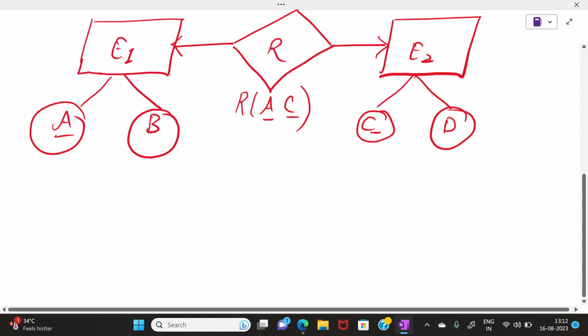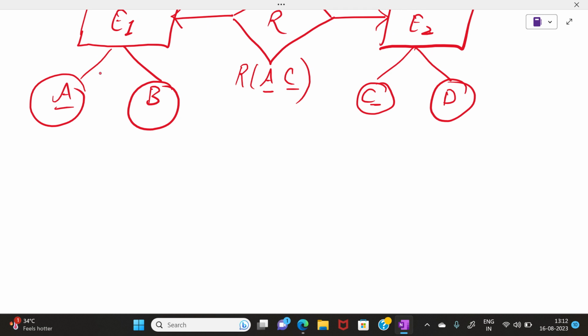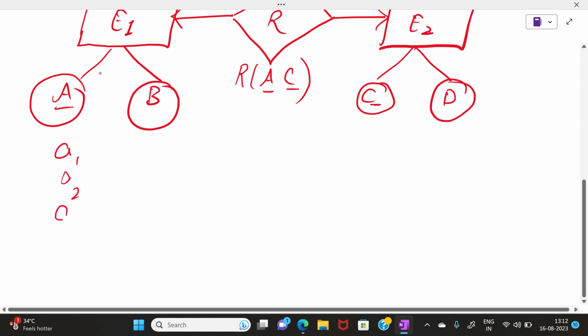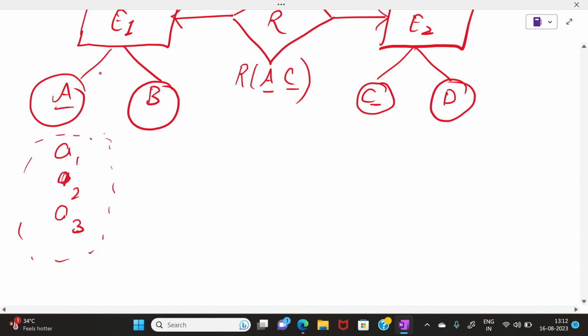Now let's see how we can combine these into a single table. Let's say A1, A2 and A3 are the values of the attribute A for each entity of the entity set E1.